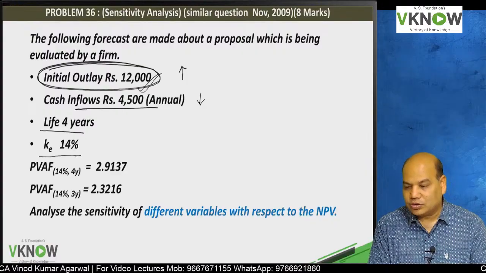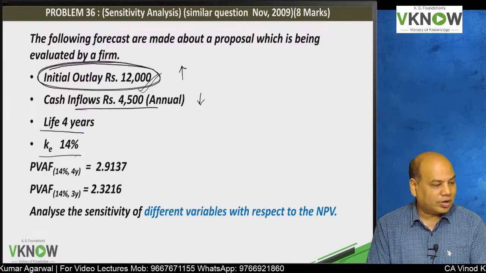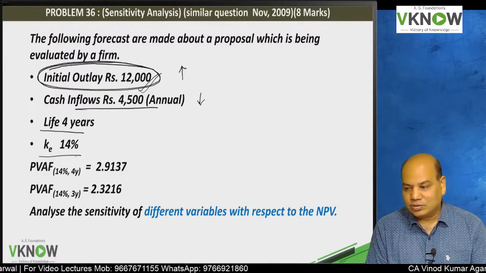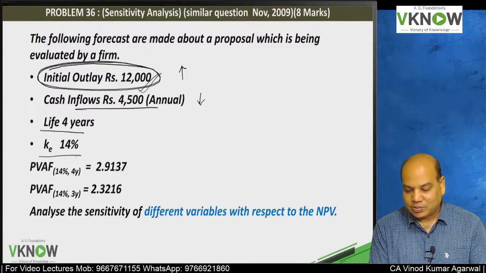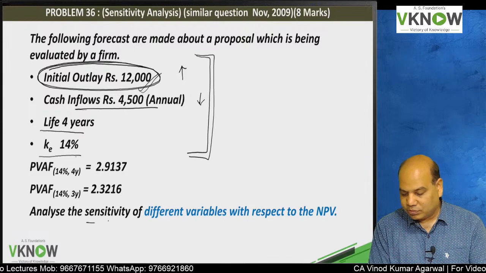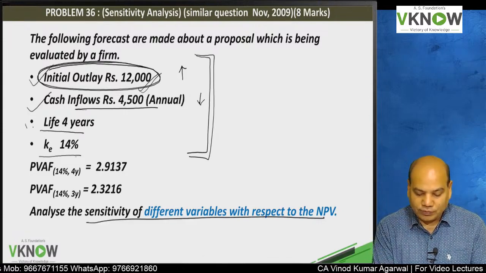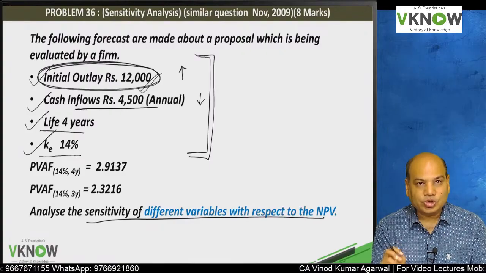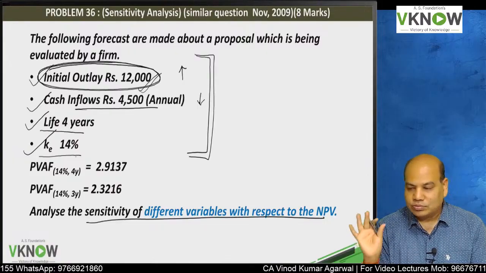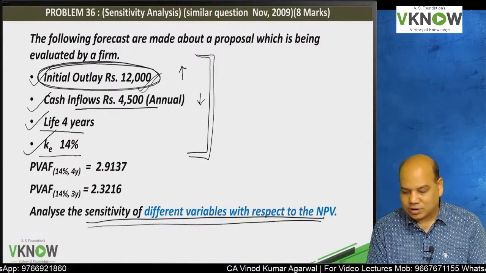And same thing for cost of capital, the discount rate: to what extent the discount rate may be allowed to rise such that NPV becomes 0. So my target in all these 4 cases is that NPV should be 0. What should be the value of this variable at which NPV will be equal to 0? That is how we are going to do the sensitivity analysis.